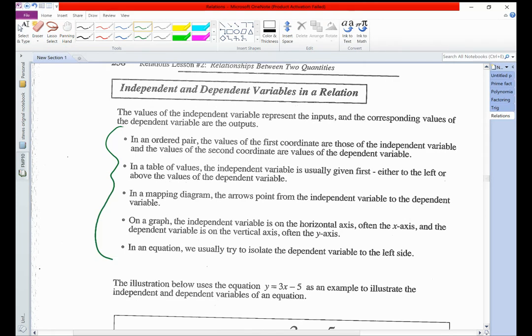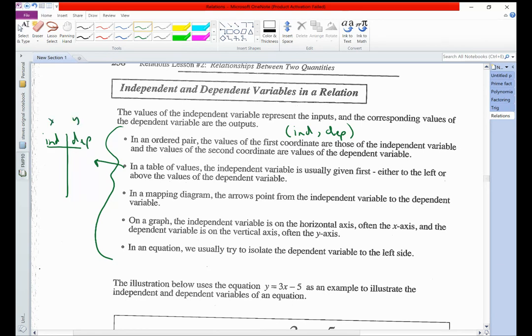So in an ordered pair, the values of the first coordinate are those of the independent, and the values of the second coordinate are the dependent. So in an ordered pair, we go independent, dependent. In a table of values, we go independent and then dependent.